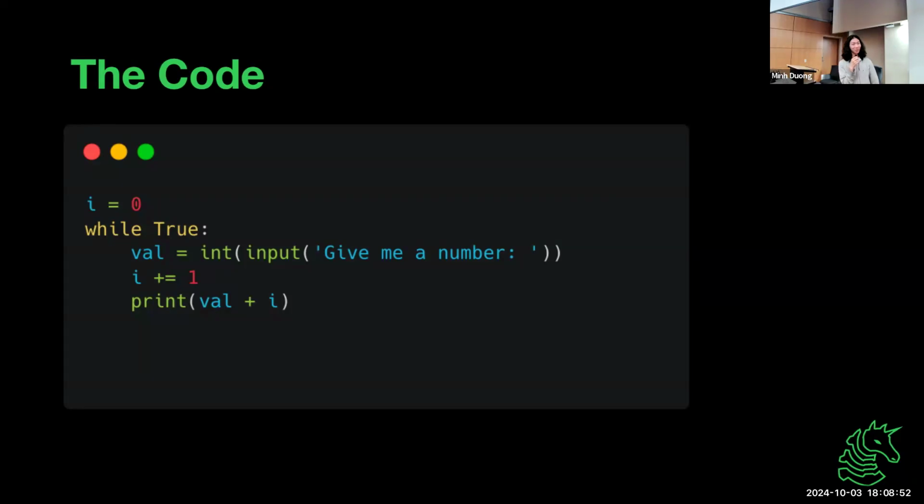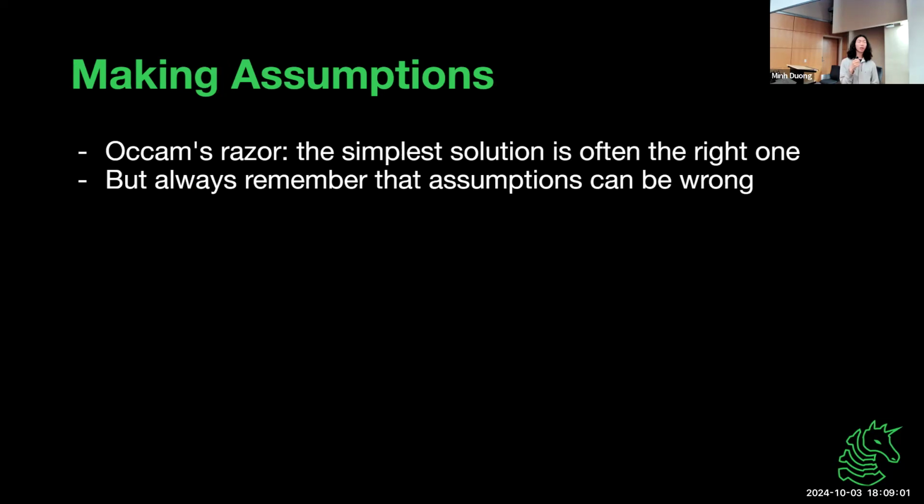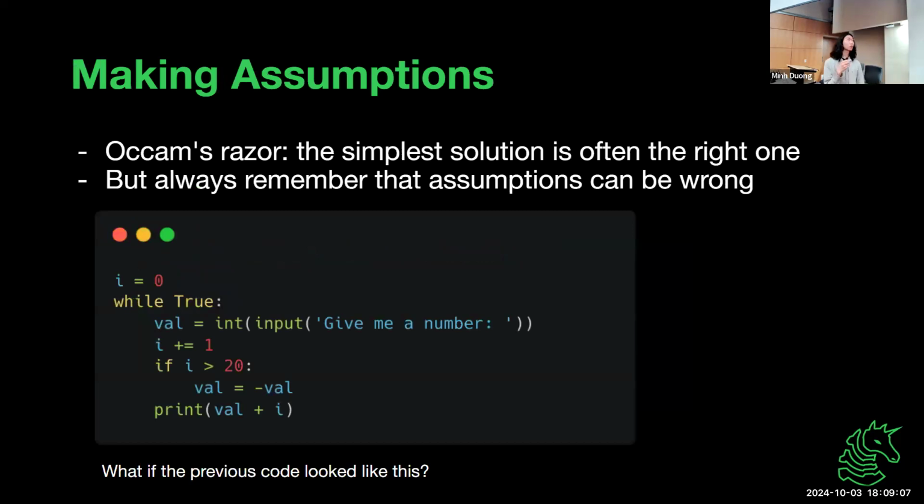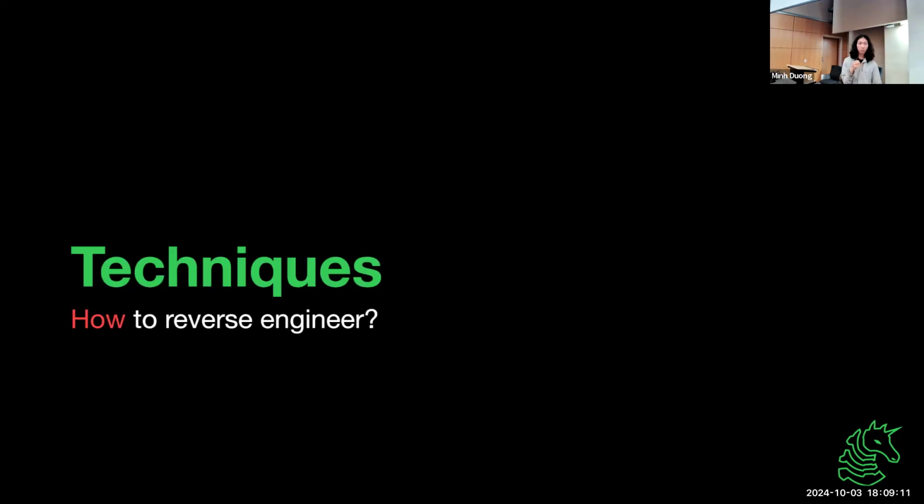Yes, trust us. The next output is 11. This is what the code looks like. We are taking the input and adding an increasing number to it, but sometimes it's not always possible to make such assumptions, or our assumptions might be wrong. So, for example, if the code looked like this, it might have a different output later on.